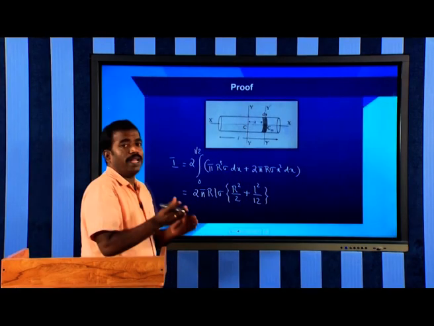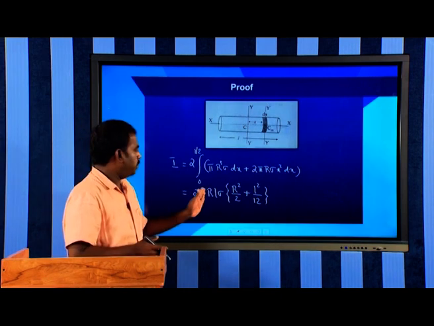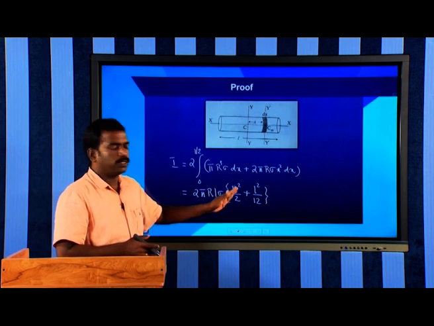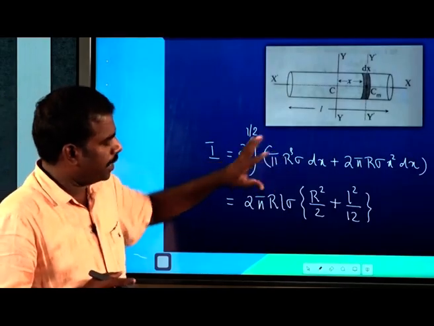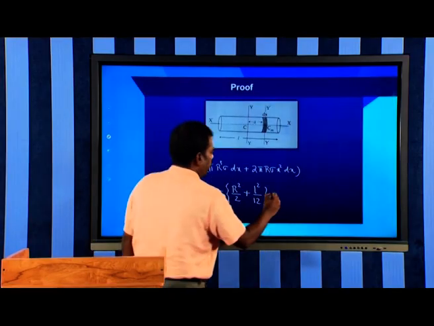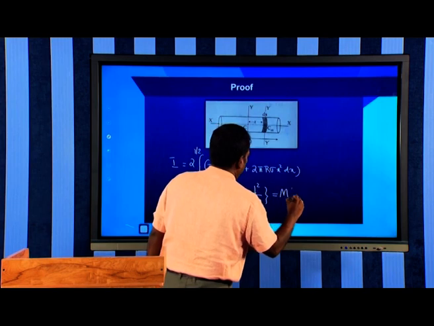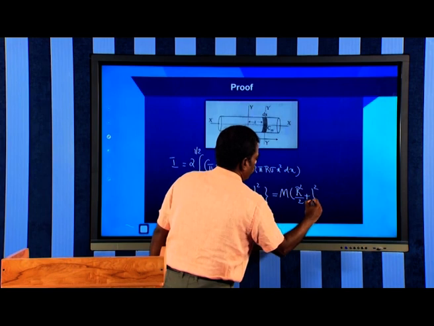Similar steps to what we have done in the solid cylinder case. So, it is 2 pi r L sigma into r square by 2 plus L square by 12. What is this 2 pi r L sigma? It is nothing but the mass of the cylindrical shell, and it is given by m into r square by 2 plus L square by 12.